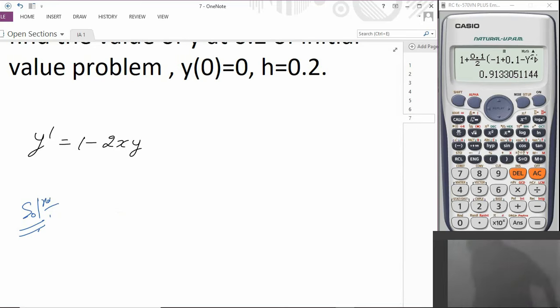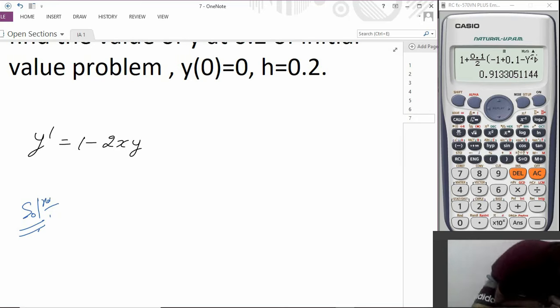So you should be fast now. k3 is equal to h f of x naught plus h upon 2 comma y naught plus k2 upon 2. Time is running, students, you should be fast.